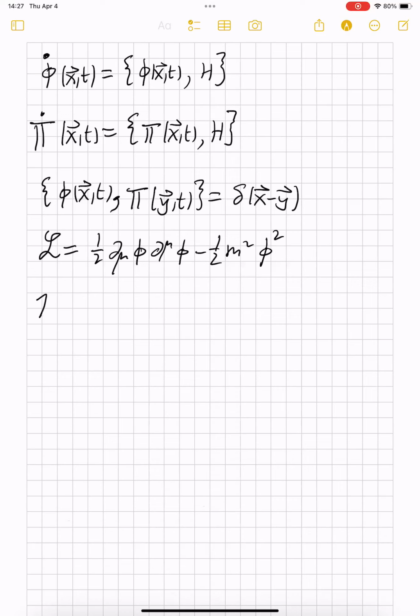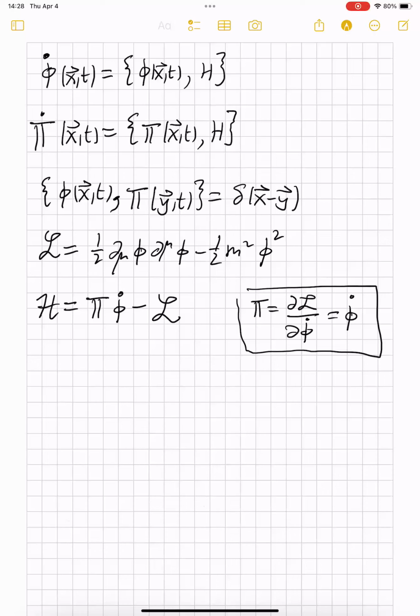The Hamiltonian density is given by pi phi dot minus the Lagrangian. So you should go ahead and calculate what is pi. So remember that pi is equal to dL d phi dot, and you should find that this is just phi dot. So that's the first thing to check.